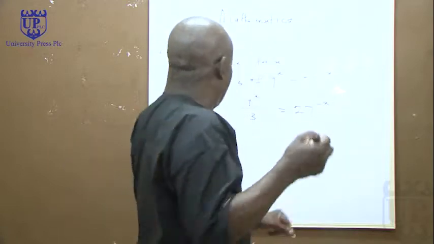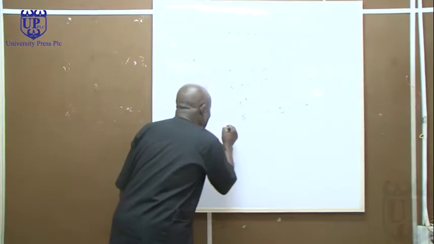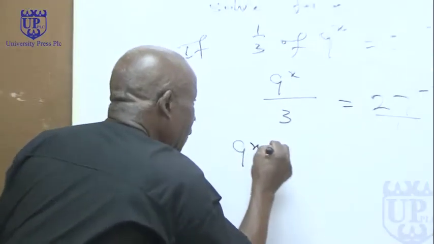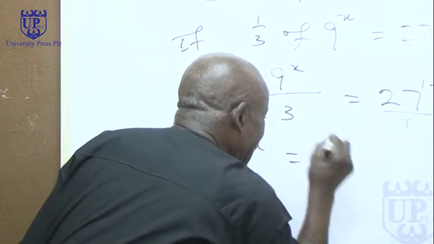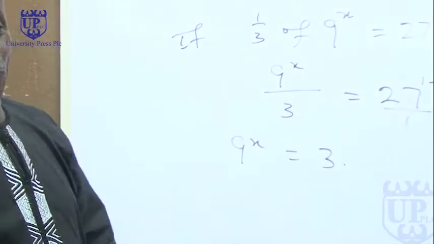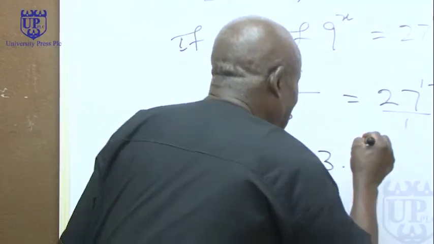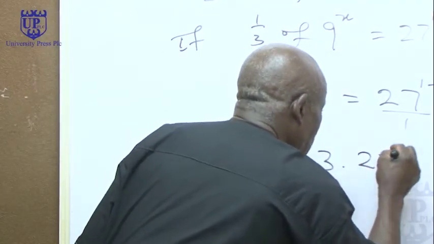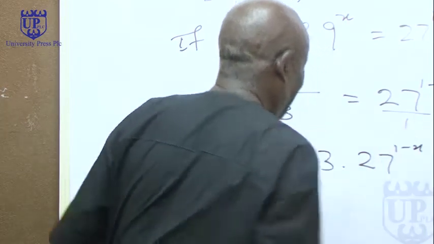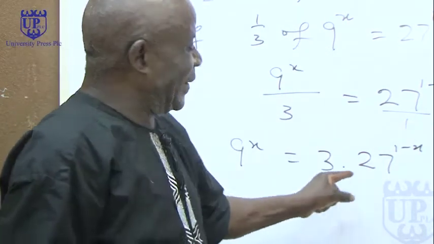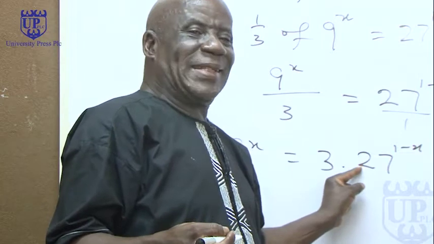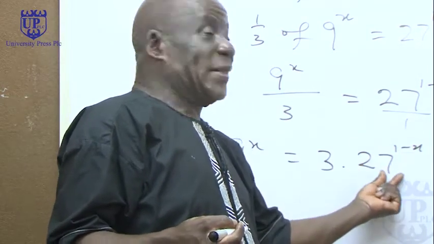They are independent. So this one will be 9 raised to power x equals 3 times, you are free to use that dot, not a decimal point, times 27 raised to power 1 minus x. This can never be multiplied by this separately, because this one is loaded.